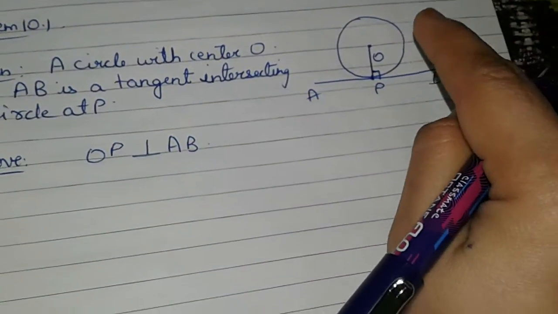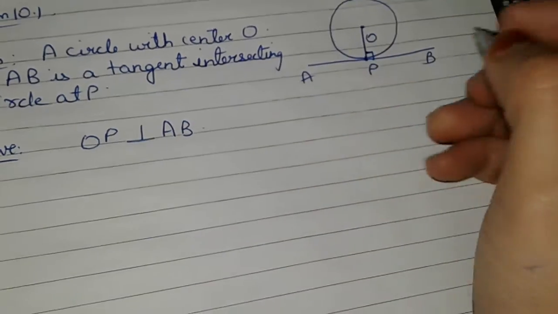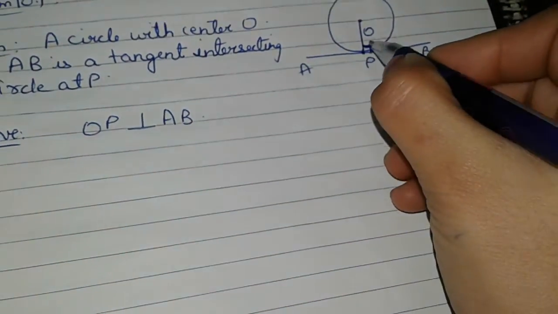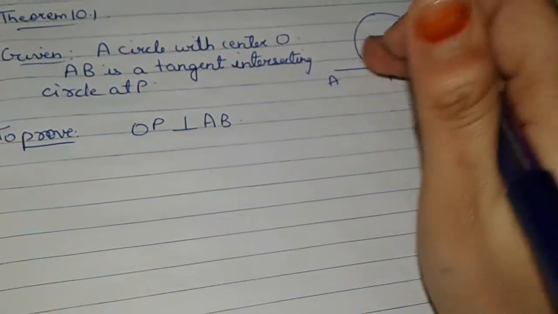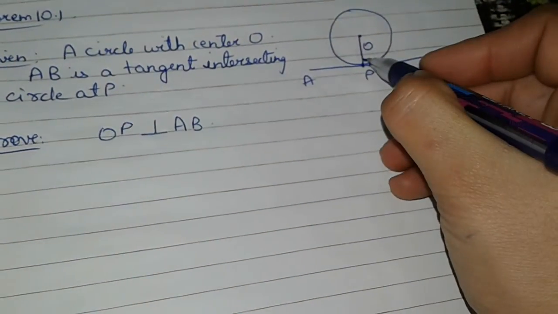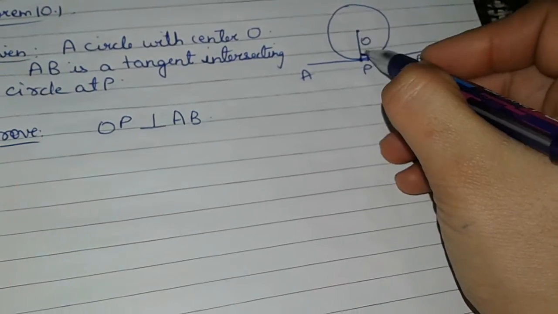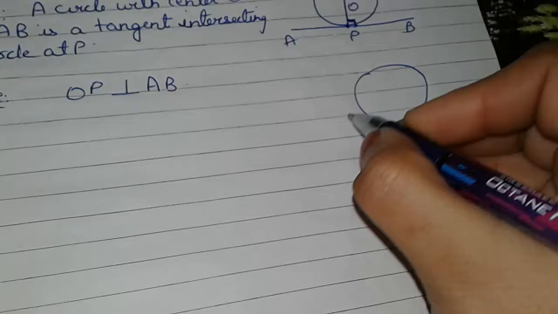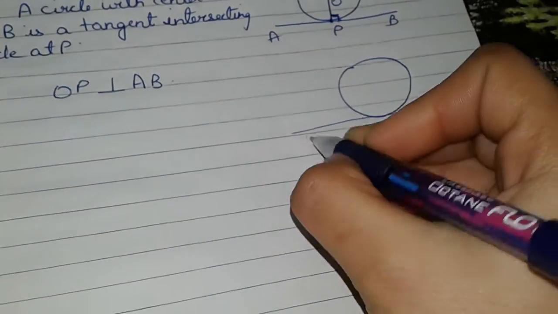Now it is not given that OP is perpendicular to AB, so we should not make this right angle sign. Let's draw another figure not showing that OP is perpendicular to AB.